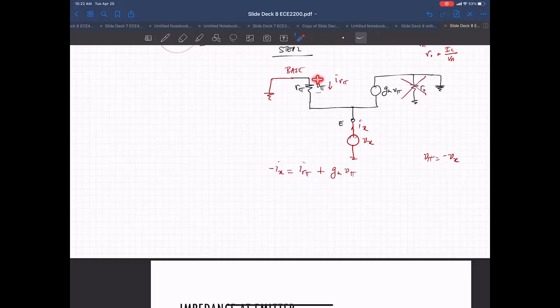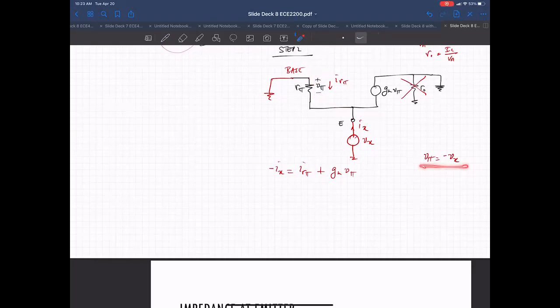I put the positive and negative across this resistor, but V sub X's positive is where the negative of V sub pi is, and the ground or negative side of V sub X is where the positive side of V sub pi is.